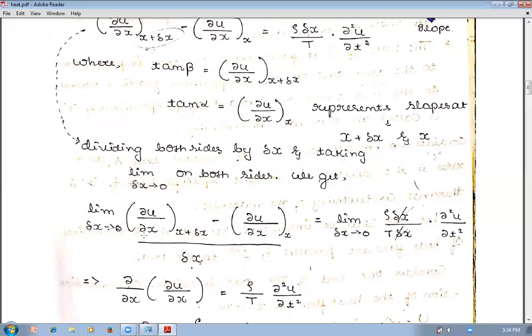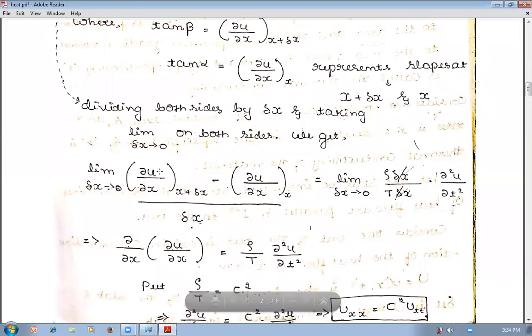Next, apply limits on both sides, limit delta x tends to 0. We know that this is the definition of partial differentiation. So we can write this as ∂/∂x of ∂u/∂x. Remember, in place of u we have ∂u/∂x, and the independent variable is x. That is equal to (rho/T) ∂²u/∂t².